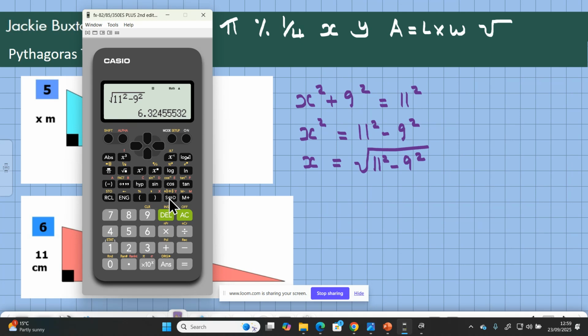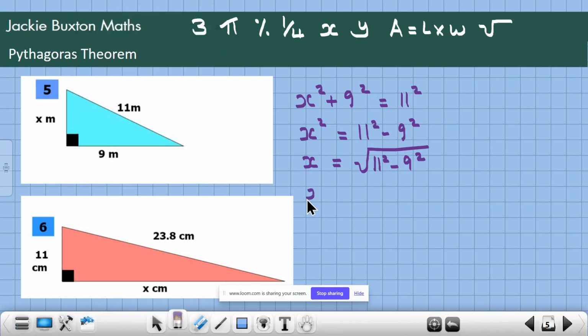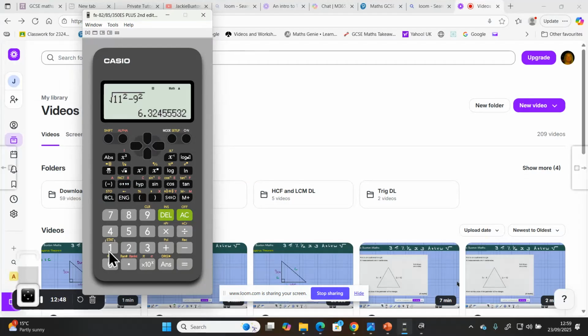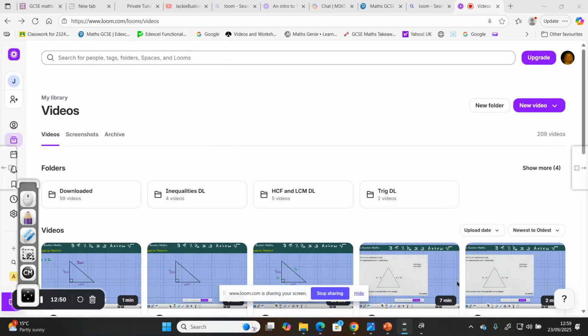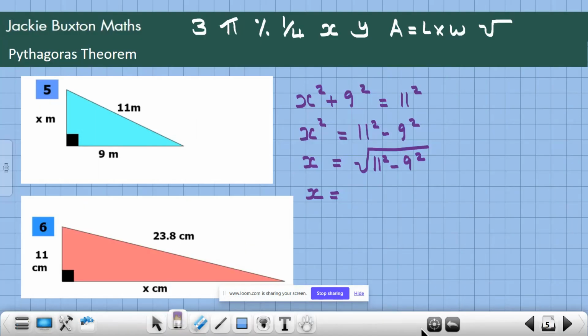We're going to do it to one decimal place, so that is going to give us x equals 6.3. And that's metres, and that's to one decimal place.